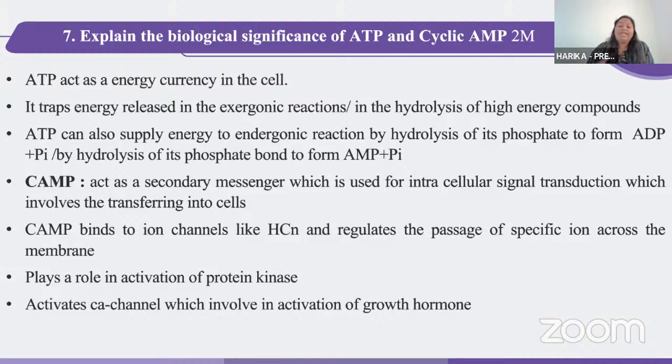It can also supply energy to reactions by converting to its lower phosphate form, like adenosine diphosphate plus phosphate. By hydrolysis, ATP converts to adenosine diphosphate and phosphate, and the bond formation happens in the reverse direction. Okay, cyclic AMP, or you can call it the cAMP pathway.